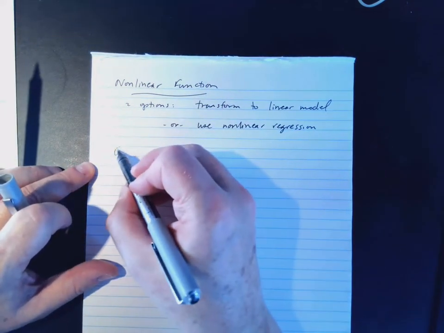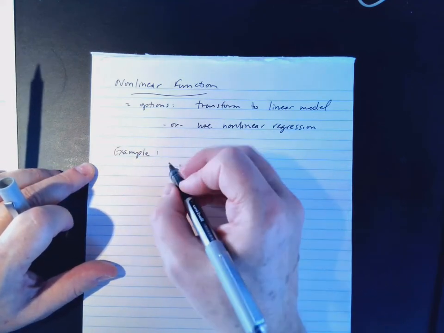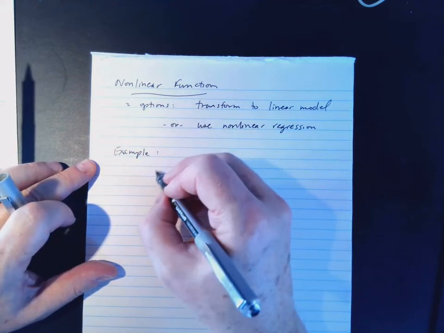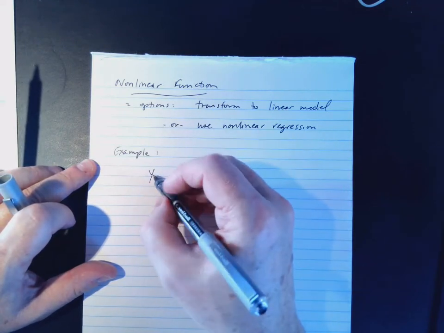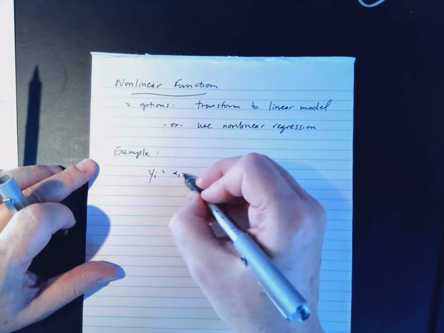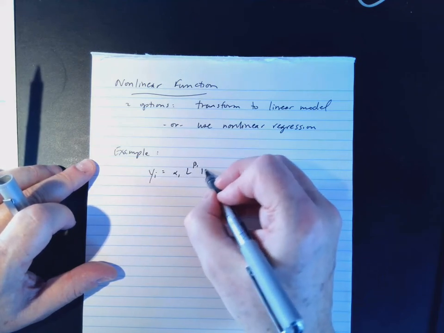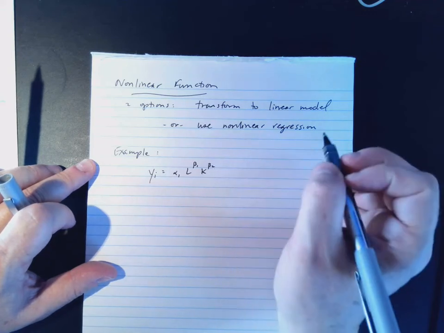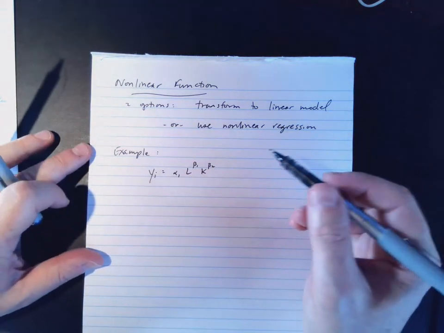So, for example, suppose it is production function data, and we have y equals alpha 1, L beta 1, and K beta 2. All right, so Cobb-Douglas production function.